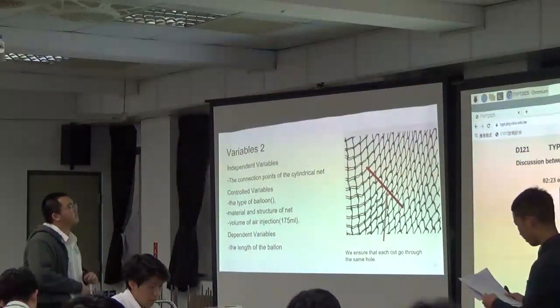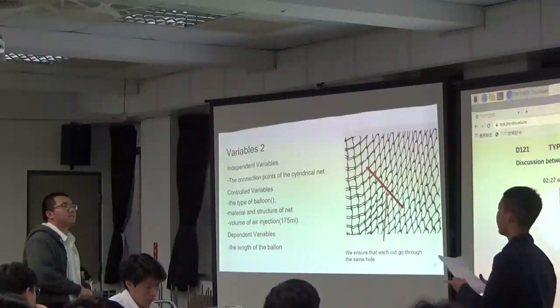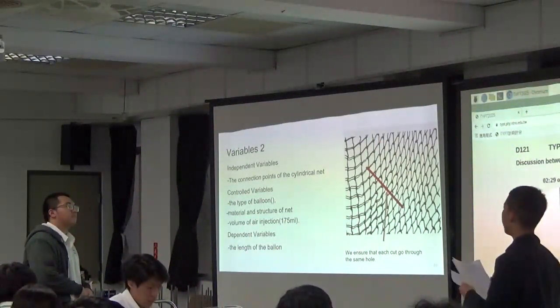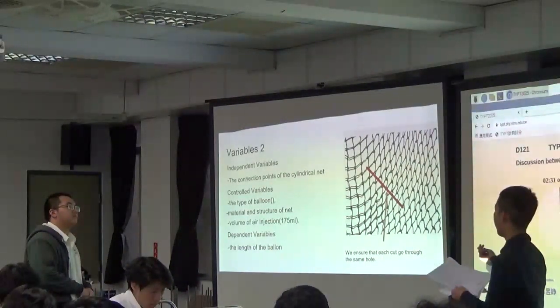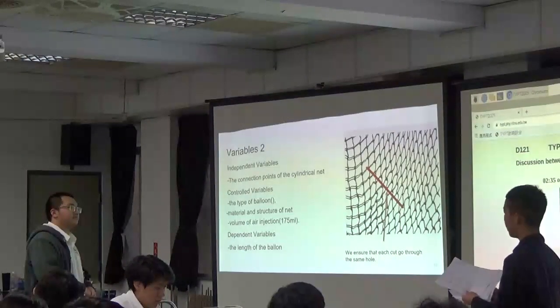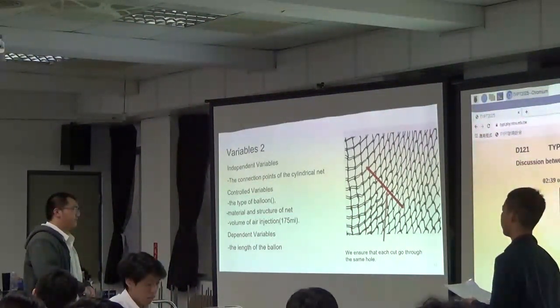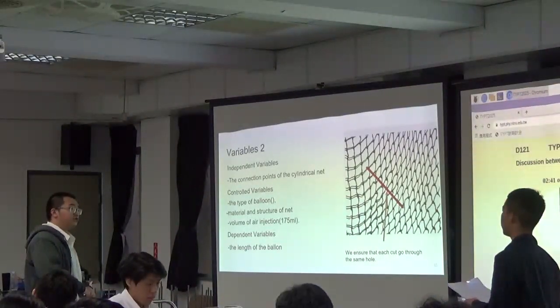Yes. Do you agree that the properties of the nets will be affected if you cut the hole out of it? Yeah, sure. And do you think if you cut it, it will affect the force of the muscle? Sure, you will.